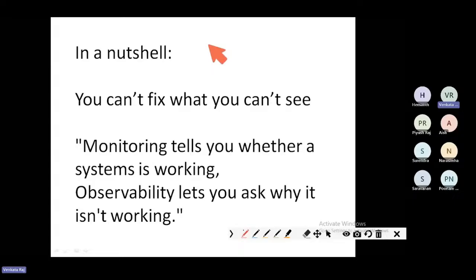Clear? I hope you all are at least now convinced why observability is very, very important. Whenever you're planning to do performance testing, please raise it very well in the beginning that you need monitoring tools for your performance testing.